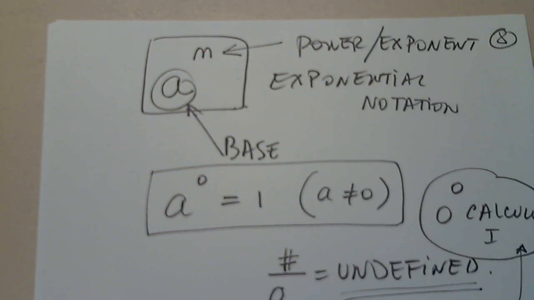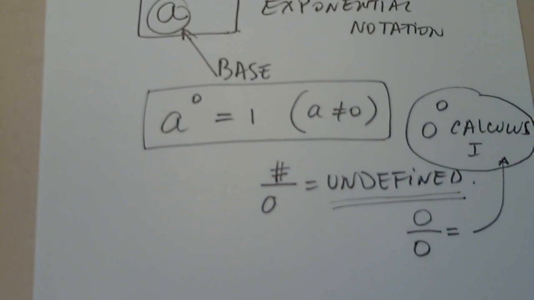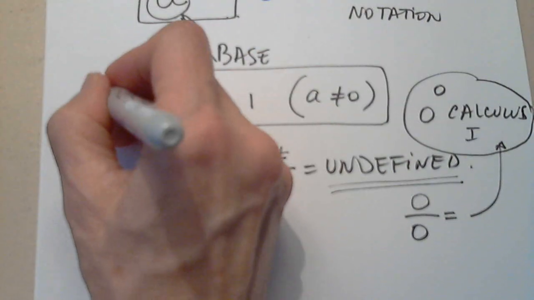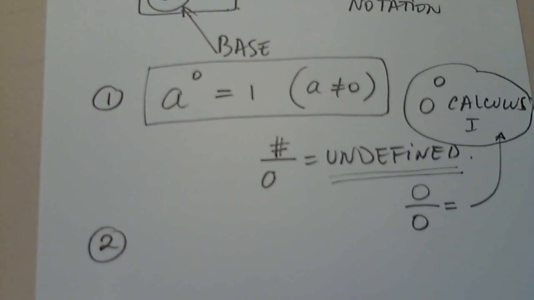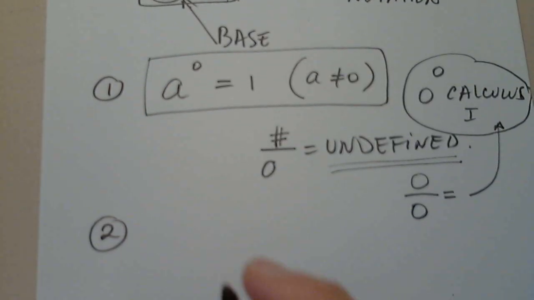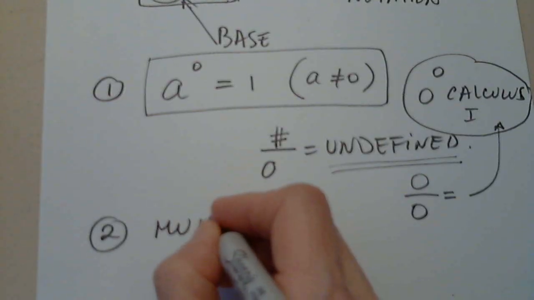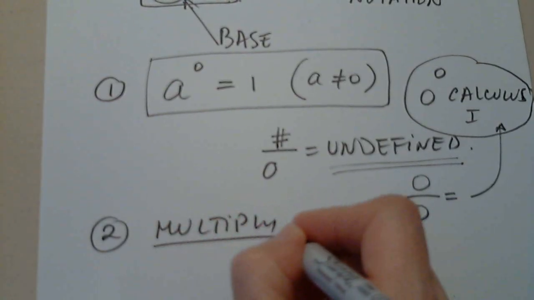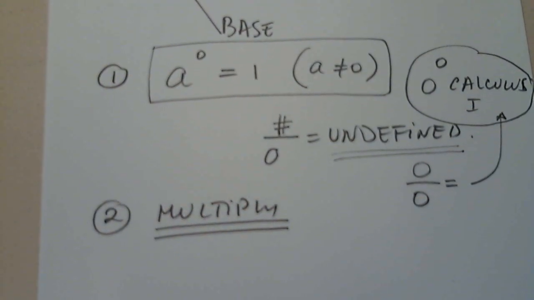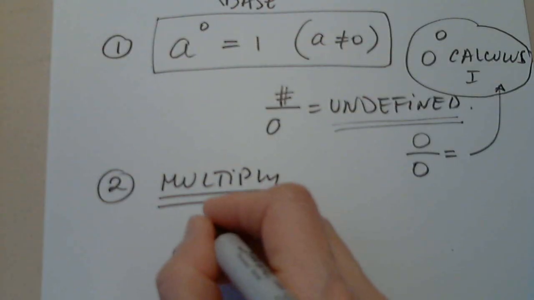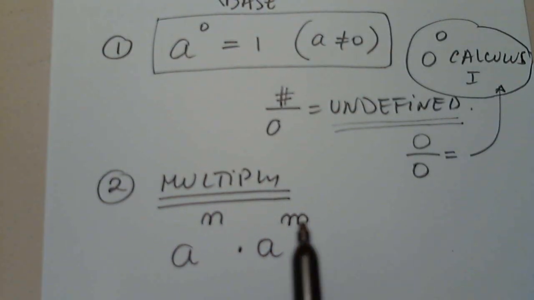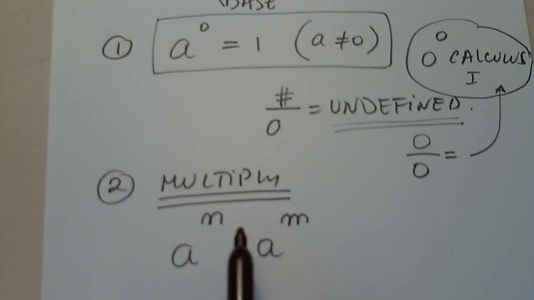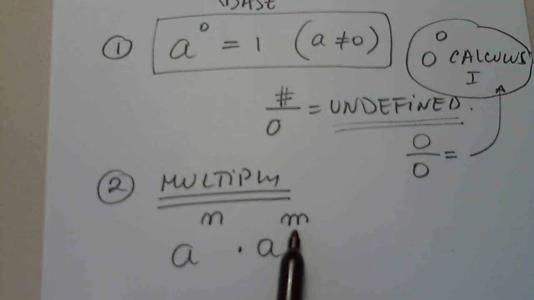Okay. So we have several rules. This was the first one. Here's the second one. These are the exponential rules. When we multiply exponential notations, like a raised to n multiplied by a raised to m. For reference, my N has 2 bubbles and my M has 3 bubbles.